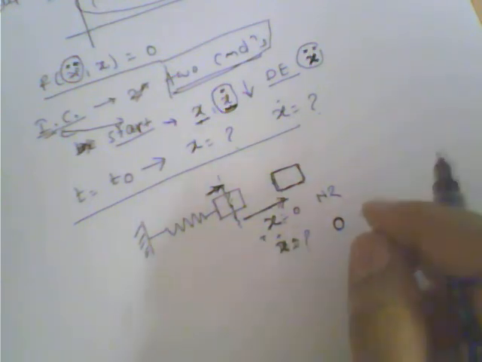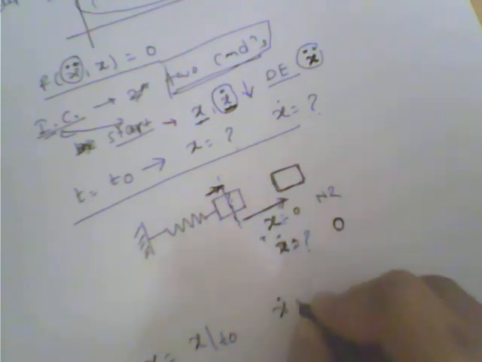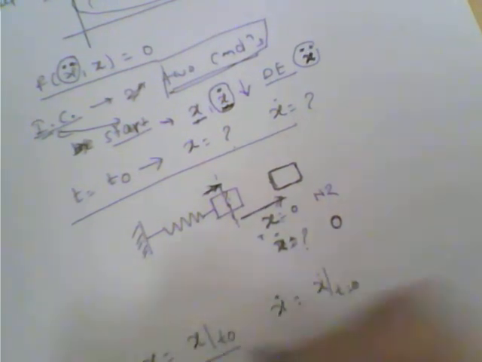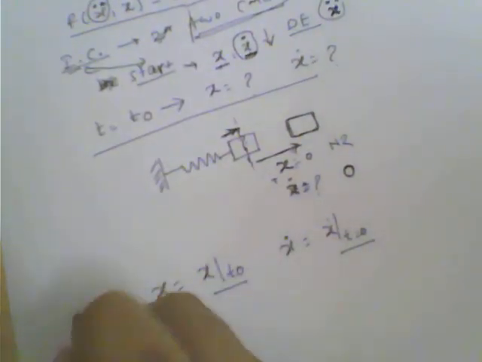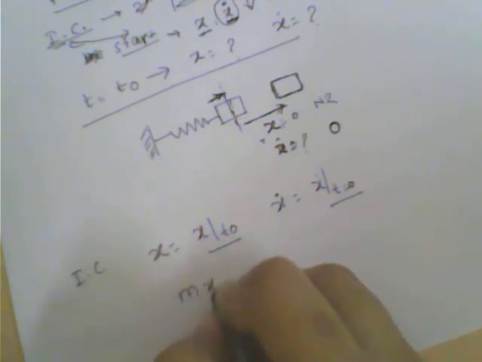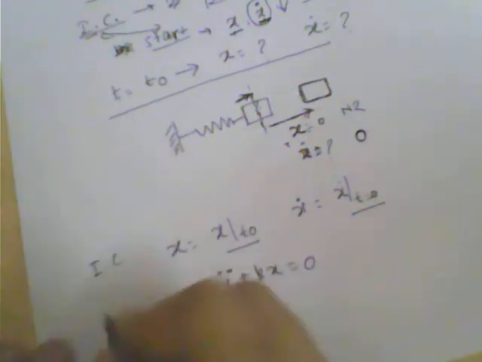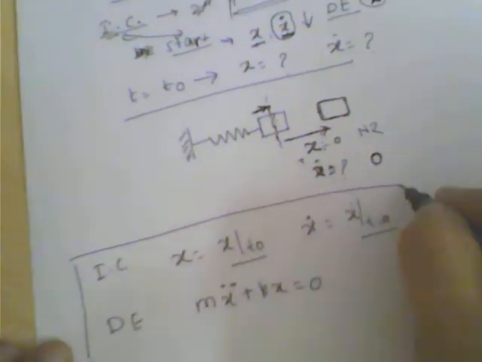So with x specified at time t equal to t0 and x dot specified again at time t equal to t0, these are the two conditions which you will have to specify, two initial conditions along with this differential equation. So this is the complete problem.